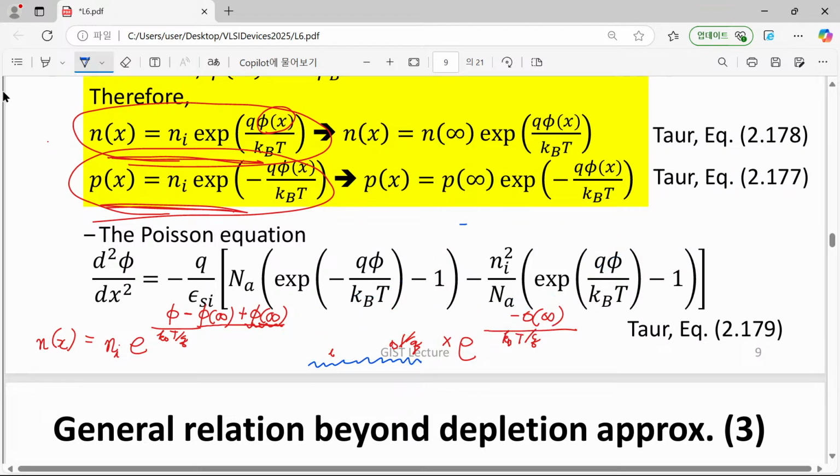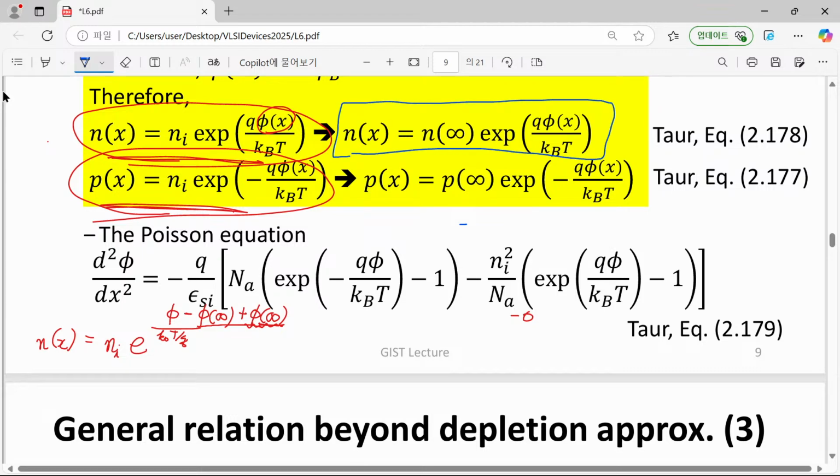So, well, let's come back. We can follow the same argument for our hole density. So now we can find this modified equation. In these two modified equations, you can still find phi, but this phi should be regarded as, in our original terminology, phi of x minus phi infinity.